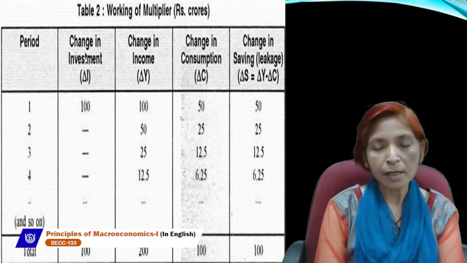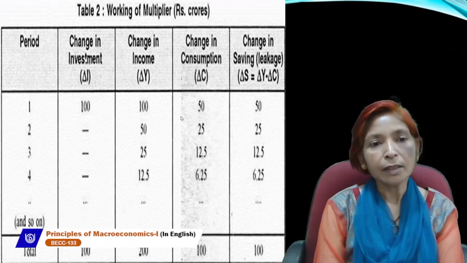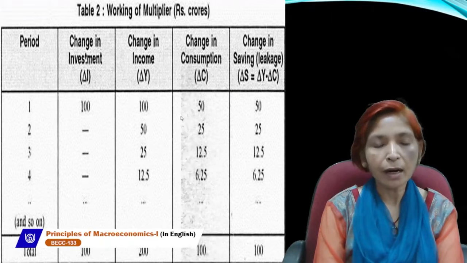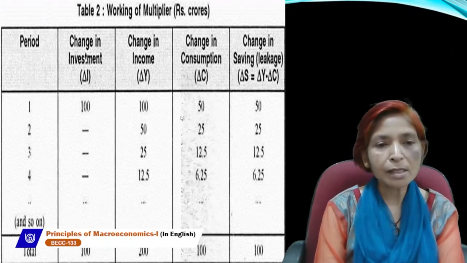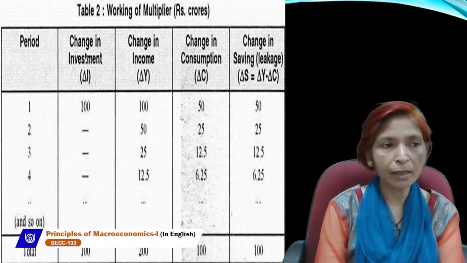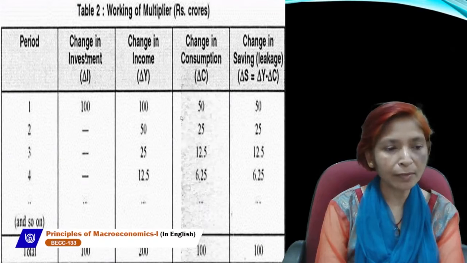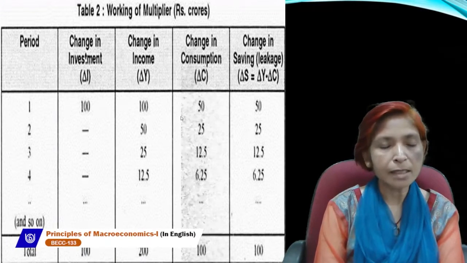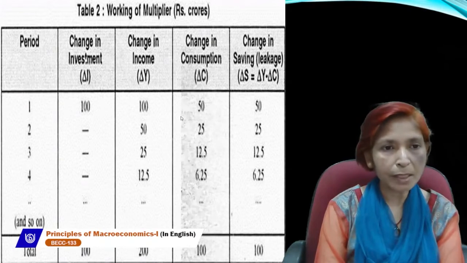But the process of how income will increase by 200 crore rupees after investing 100 crore rupees is the basic working process of multiplier. In the first column, we have taken periods 1, 2, 3, 4, 5, 6 and so on. Change in investment in the second column is given as 100 crore rupees.